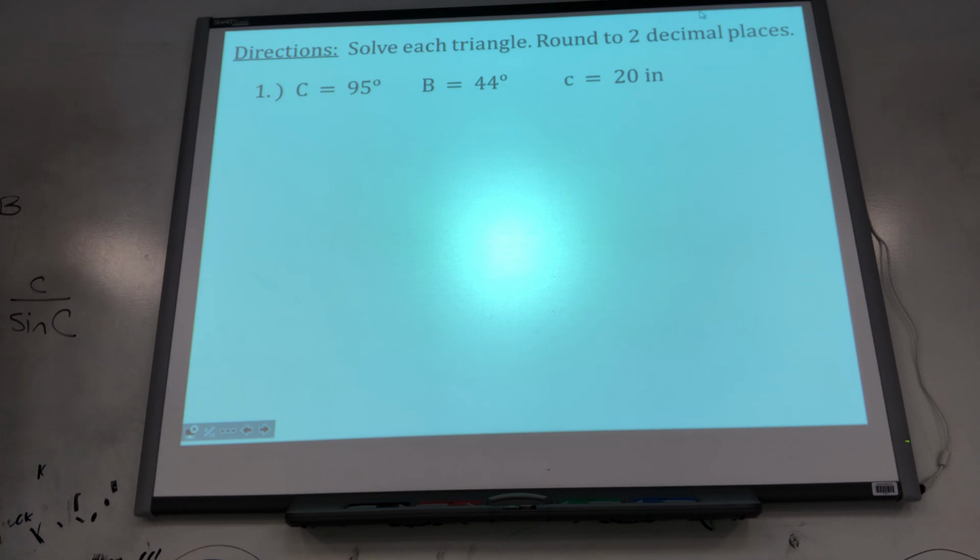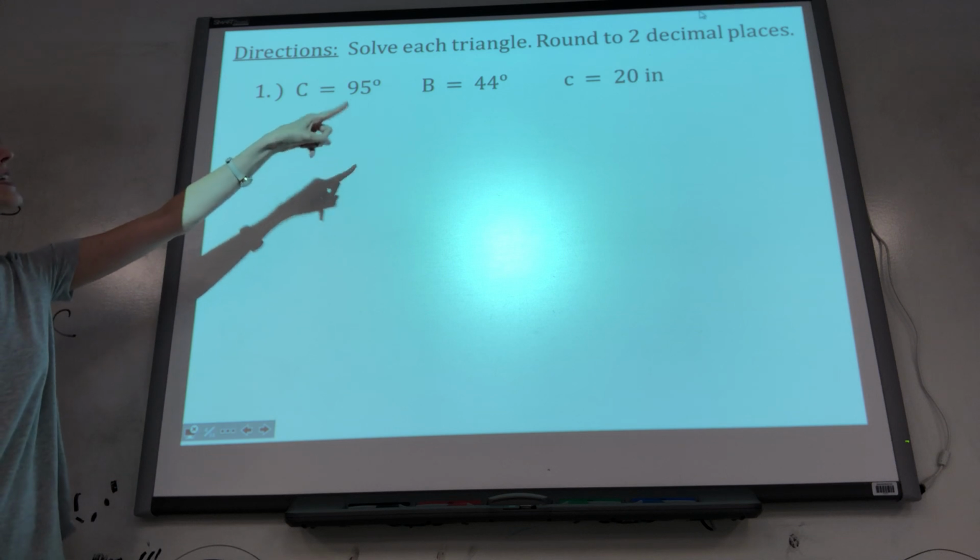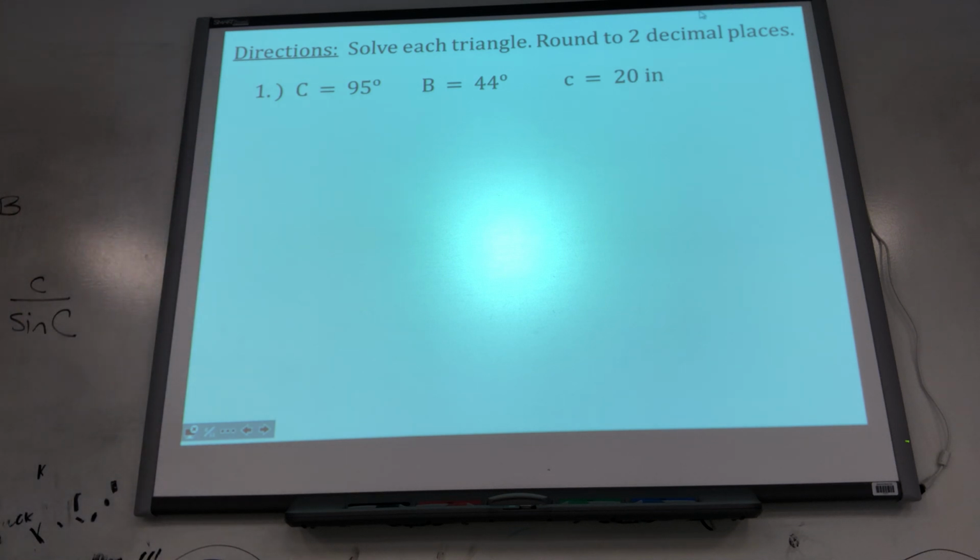Now, I'm kind of a visual person, and I don't really like how this is given to me in a list. I want to see it more as a triangle, and then I can kind of understand what's happening, what I know, what I don't know. So I'm going to take this oblique triangle that we set up earlier, and I'm just going to start filling in what I know.